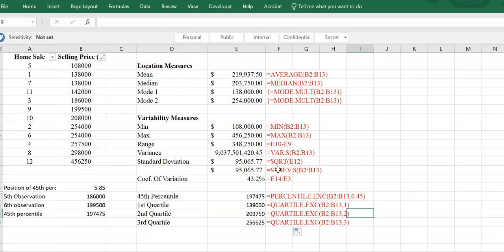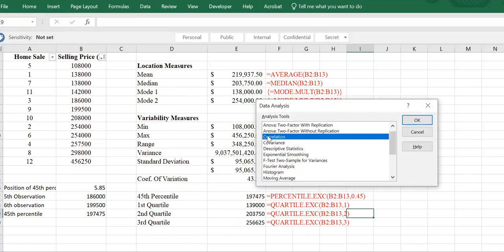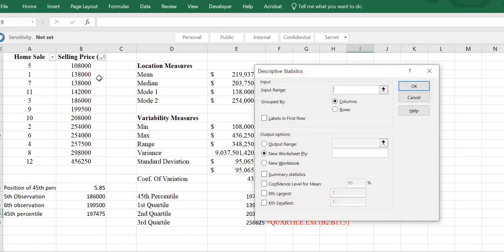By the way, for most of the items that we have regarding the location of the distribution, you can get most of them using the descriptive statistic tool in Excel, in the data analysis tool pack. If you go to the data tab, data analysis, before moving to the next one, let me quickly talk about that. Descriptive statistic tool. If you open that, you give the input range, the values, and grouped by column. There's no label, I didn't put the label.